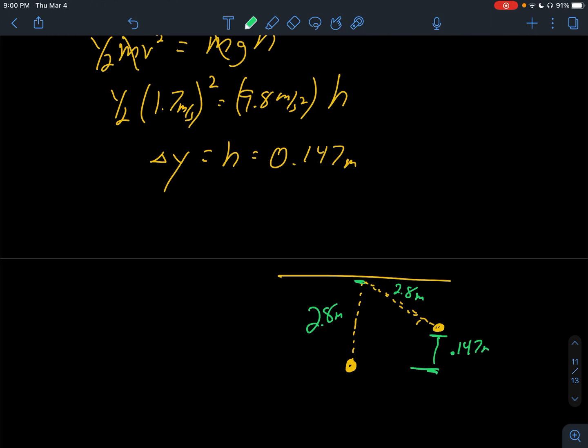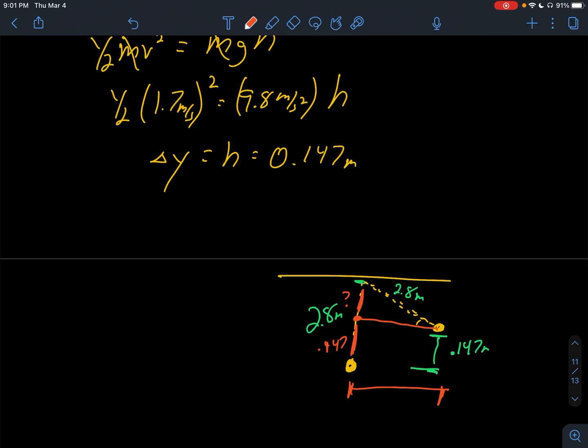So how do we figure out this horizontal part? From here to here, we need the horizontal component. So part of the difficulty is we're thinking along the ground. And really what we're looking for is just from here to here. And we have a triangle. So if we know this full height here was 2.8, and we have a portion of it right here, the 0.147, we can figure out this missing piece.